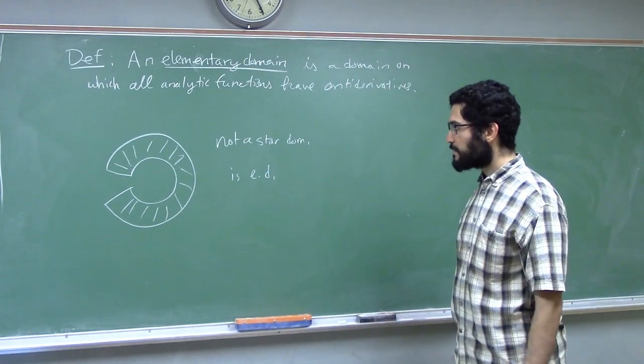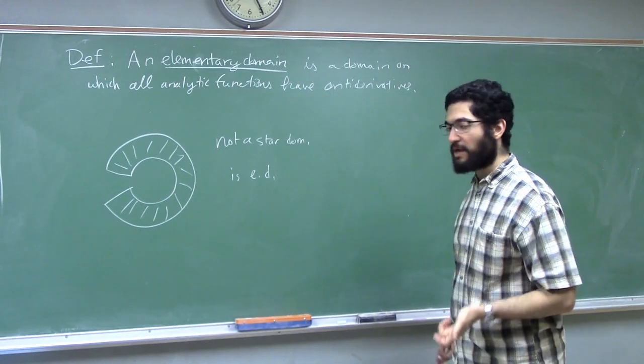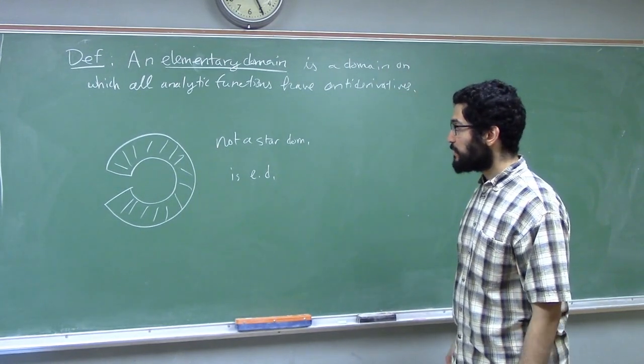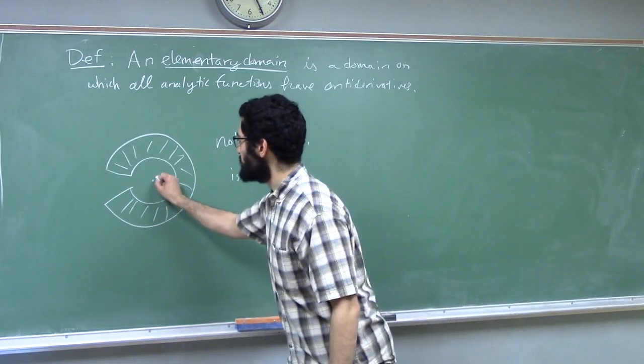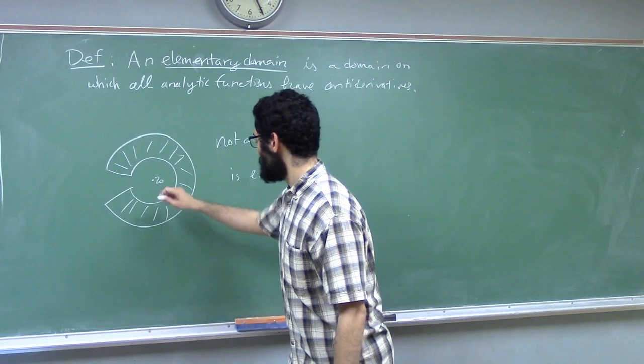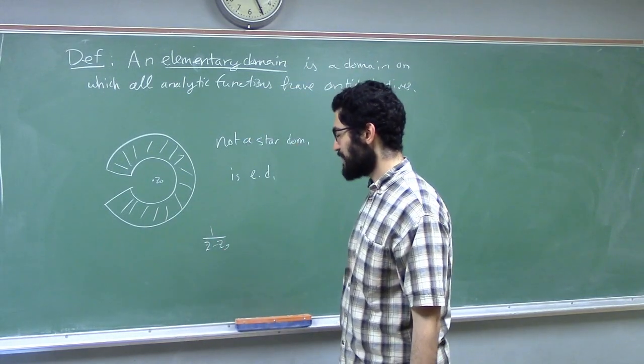And one way to argue for that, well, okay, first let's see why, if this is z naught, why does 1 over z minus z naught no longer work as a counterexample?